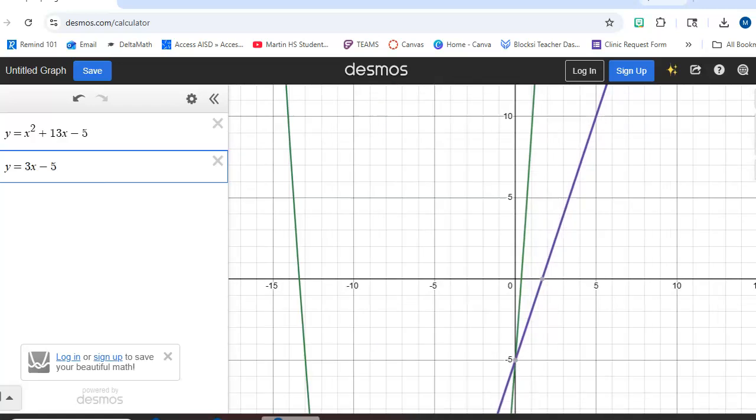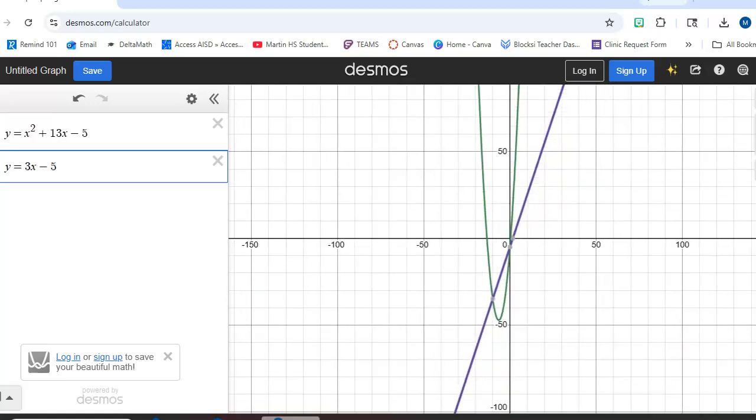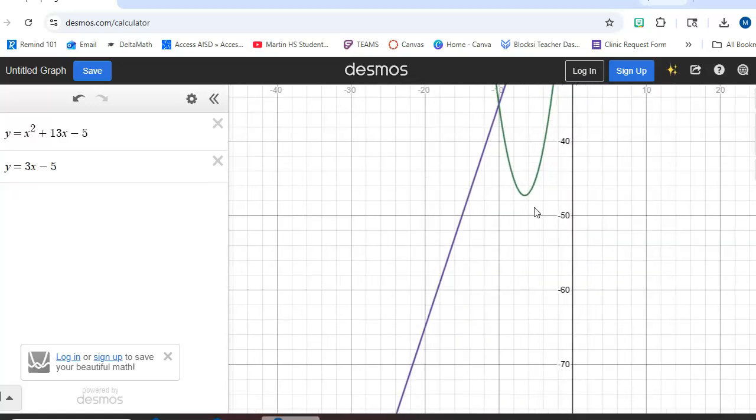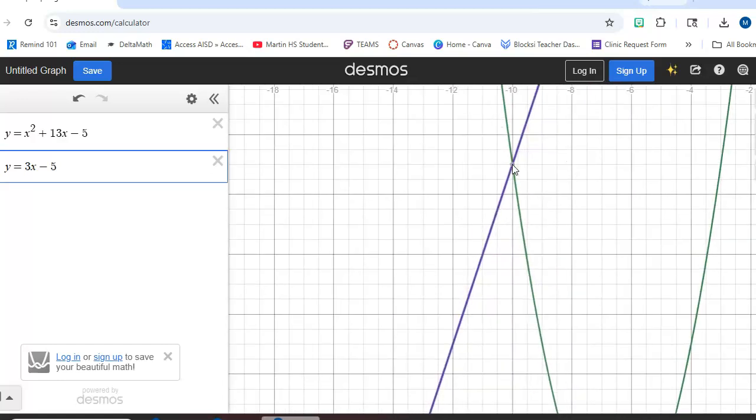So I'm going to look for where those two are crossing, and it looks like I've got one point here at 0, negative 5. That's one intersection point. And then I might need to zoom out to find, here's the other one down here. And that is at the point negative 10, negative 35.